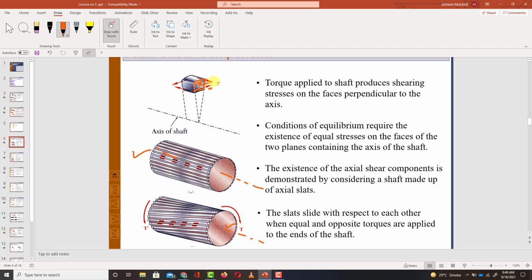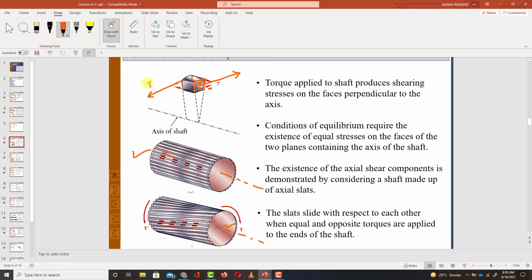This shear stress will be in this direction. Again, there is another face opposite to this, which I will represent as a dotted line. This face is also perpendicular to the axis of the shaft, so there will be a shear stress on that face too, in this direction.